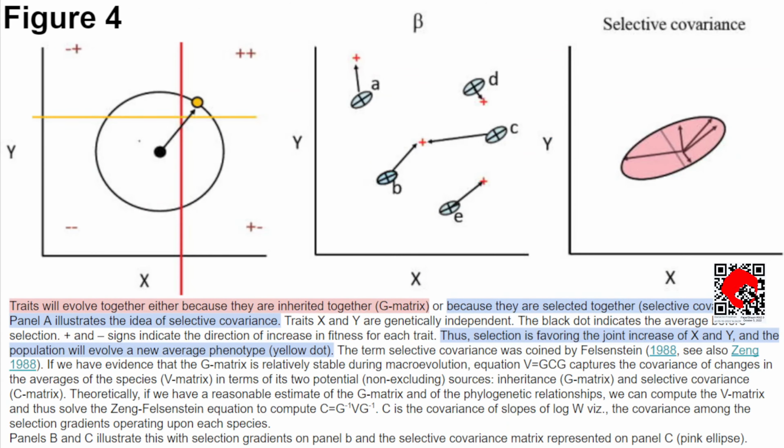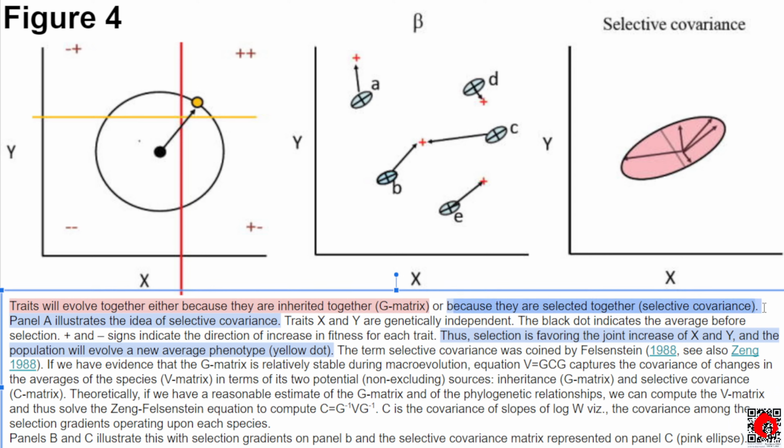Here's figure 4. Traits will evolve together because they are inherited together, G matrix, or because they are selected together, selective covariance. So here's a little bit more of a statistical take on the earlier figure, discussing the Zhang and Felsenstein, likely 1988, and later contributions on that statistical approach.